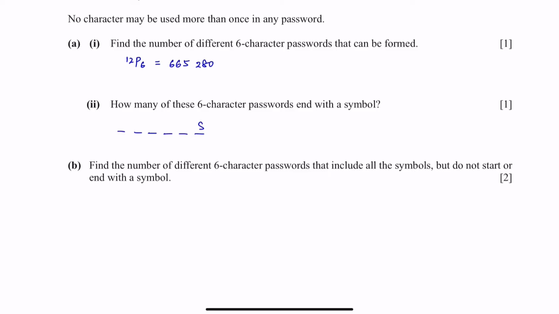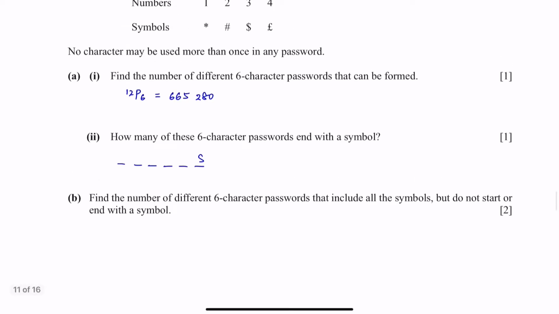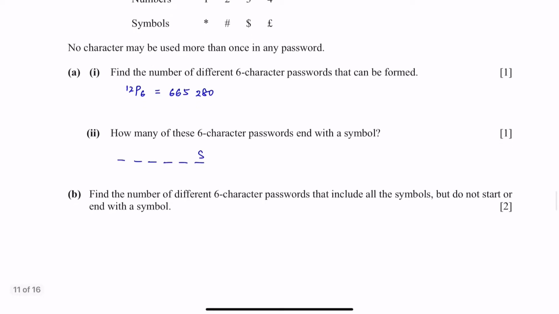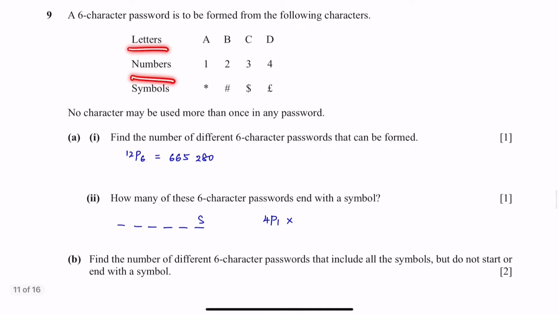For the last character to end with a symbol, we need to choose one symbol from the 4 symbols. So 4P1 times... For the first 5 characters, there are no restrictions, and we can choose from letters, numbers, and symbols.